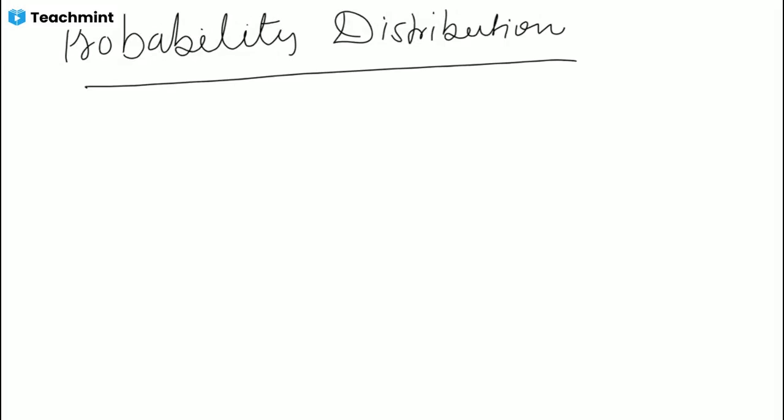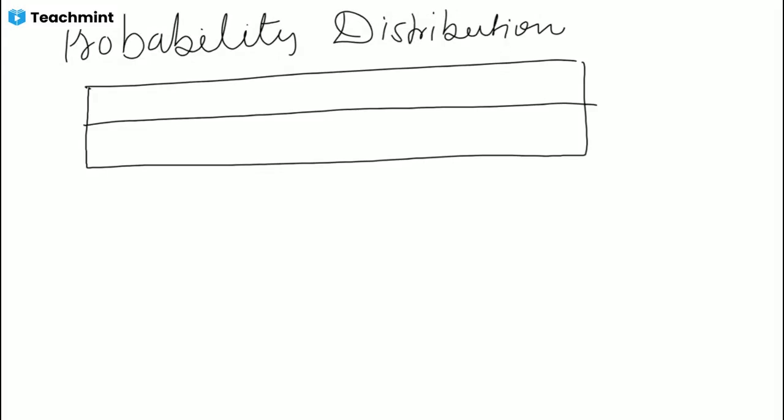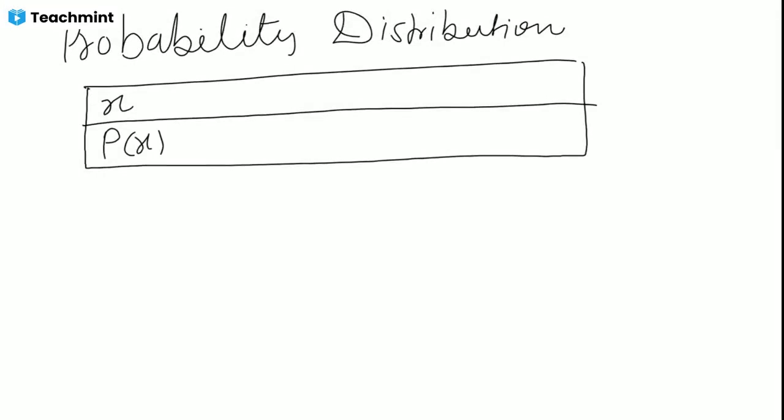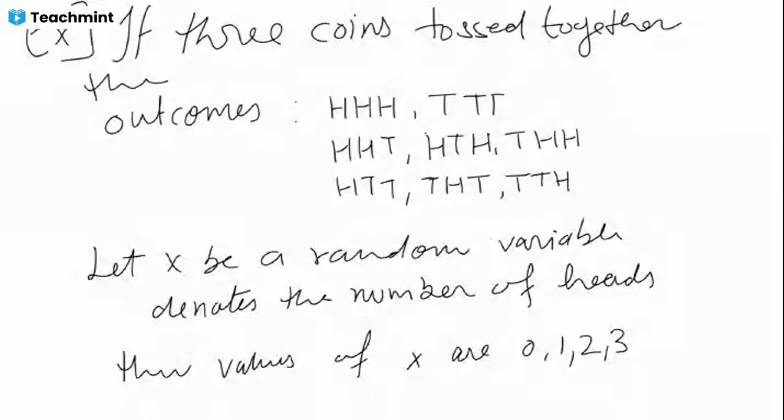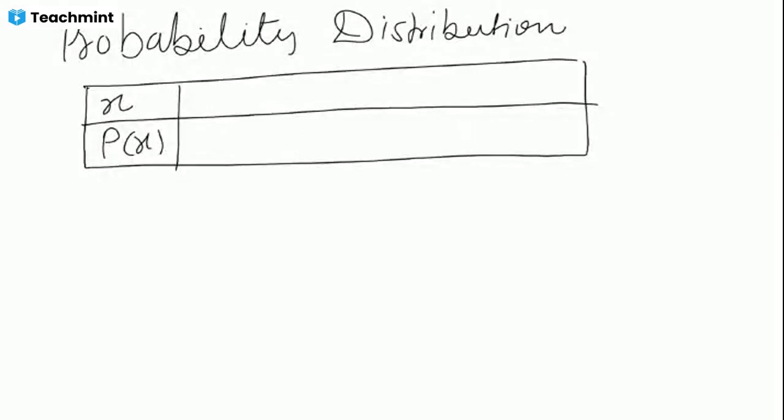Probability distribution means we have a table in which we have values and corresponding probability. So here we have x, and here P(x), the corresponding probability. Let us find it for x equal to 0, 1, 2, and 3.